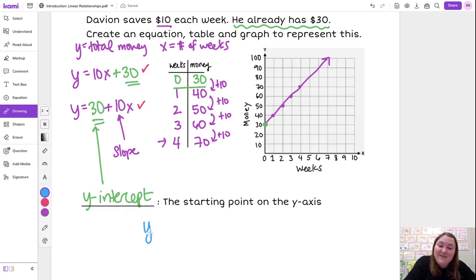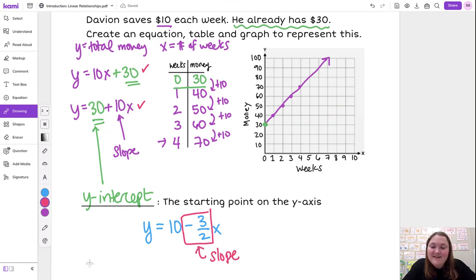So for example, if I give you the equation y = 10 - 3/2 x, in this equation, our slope, just like before, is the number in front of x, so that's the number -3/2. But then this new part, our y-intercept, and where we would start our line on our y-axis, would be the number 10.